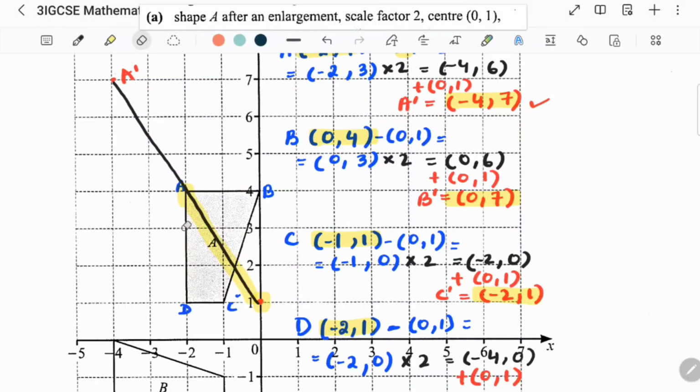The students can do without these calculations as well if they can. Okay, so this is your A prime. Now we are going to make the B prime. Your B prime is 0, 7. So 0, 7 is coming here.